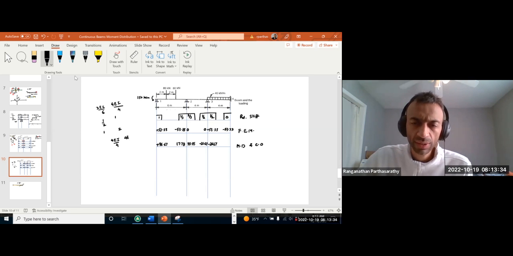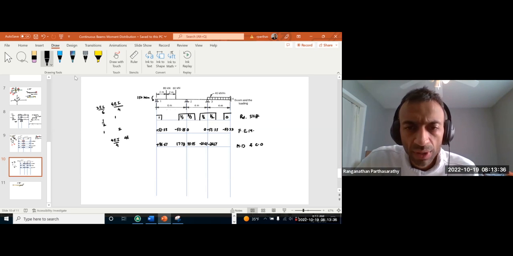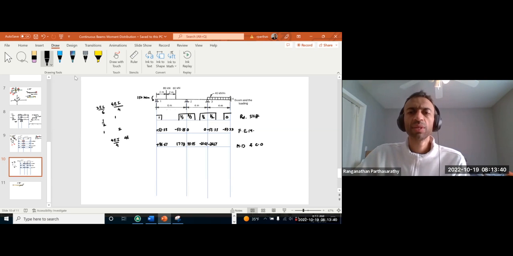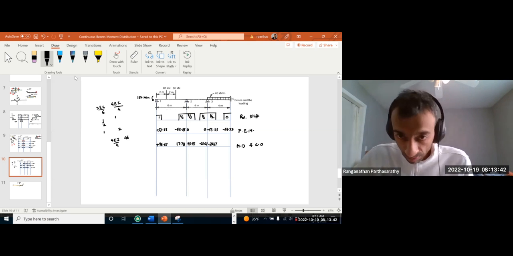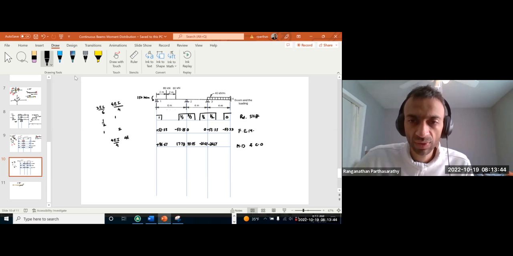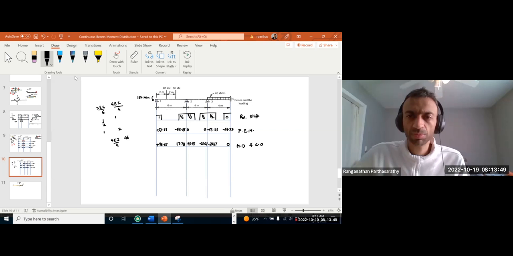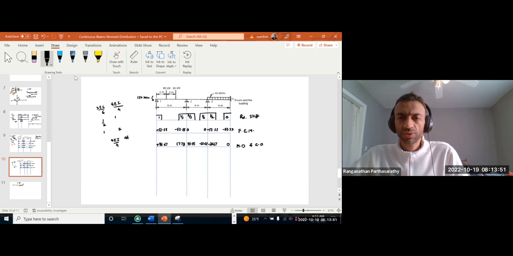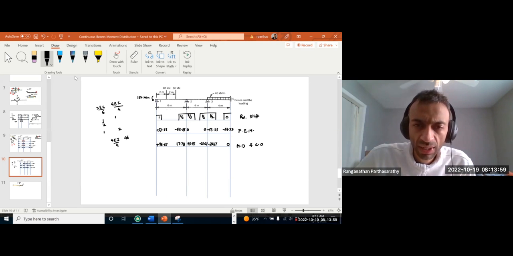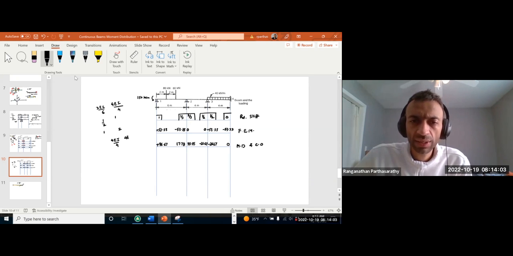And here this itself is the right value. We don't need to do anything. So we just put a 0 because at this fixed end, it is already a fixed end, so we don't need to change anything. Now I have done the moment distribution here.